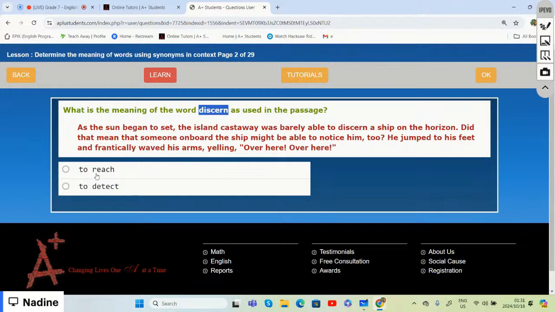Is it to reach, option one, or to detect, option two?